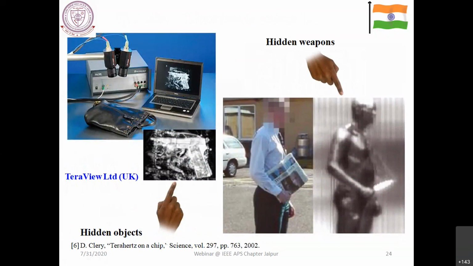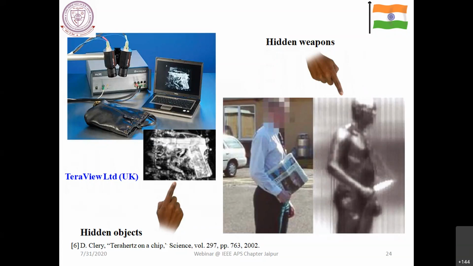It can be used in defense or security applications, and even in medical applications, because it cannot penetrate as far as X-rays. X-rays have certain ionization, right? But here the ionization energy is quite low, so the probability of ionization is much reduced.